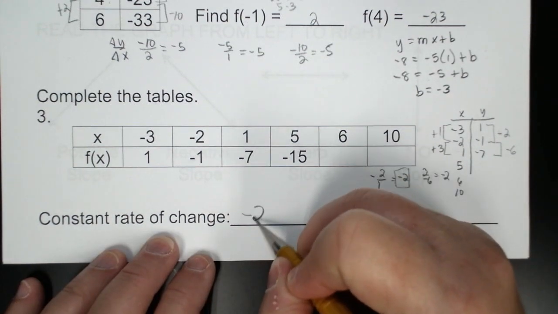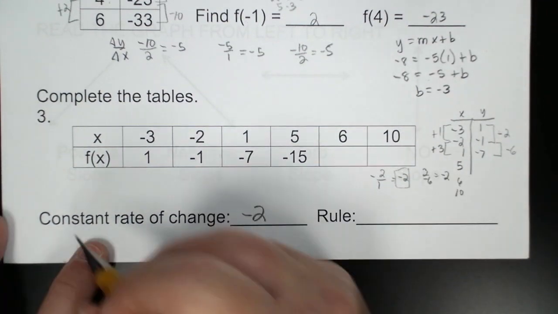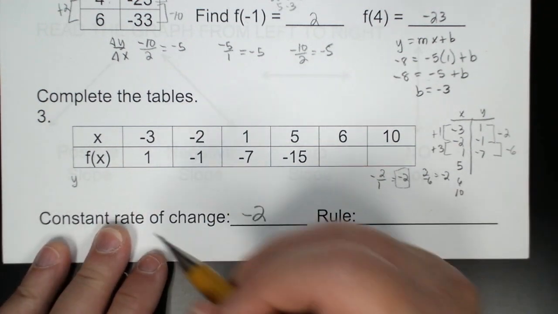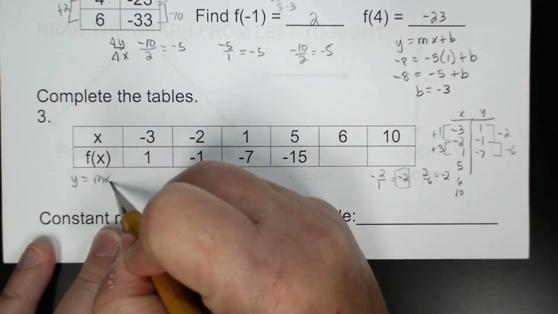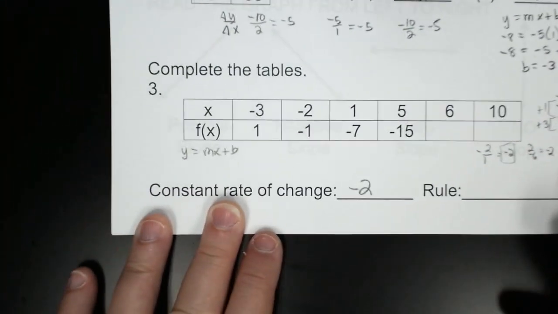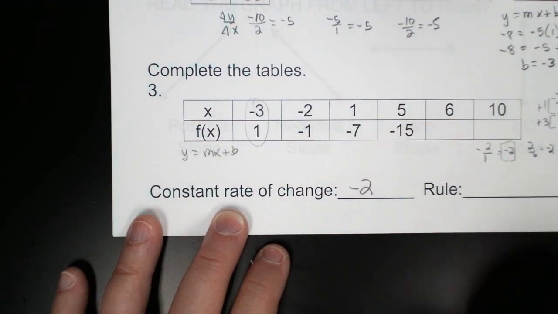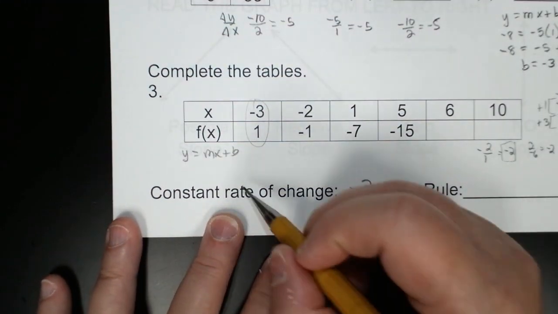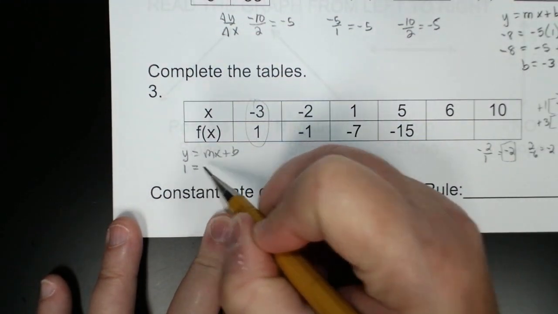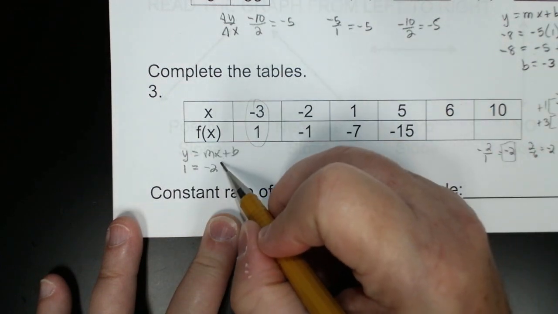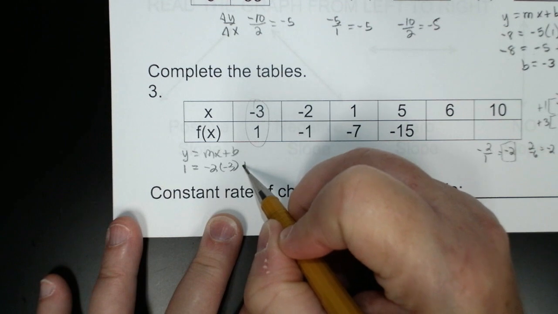Okay, negative 2. And I'm going to come out here. So y equals mx plus b. I'm going to pick that point. 1 equals negative 2 times negative 3 plus b.